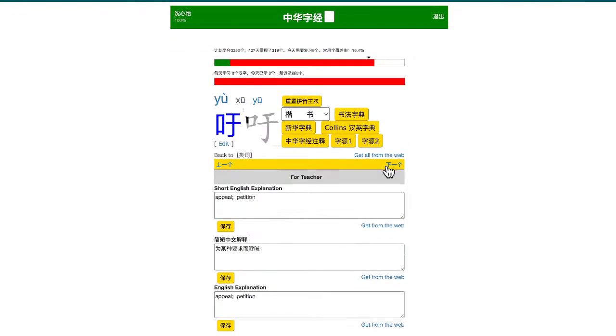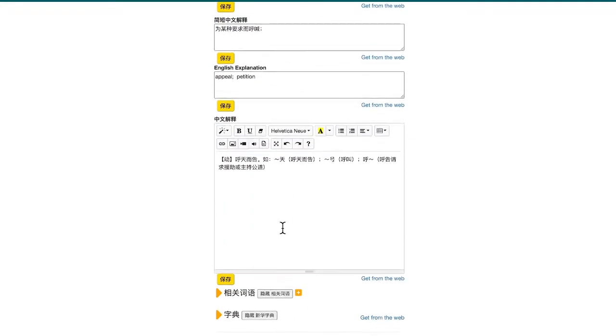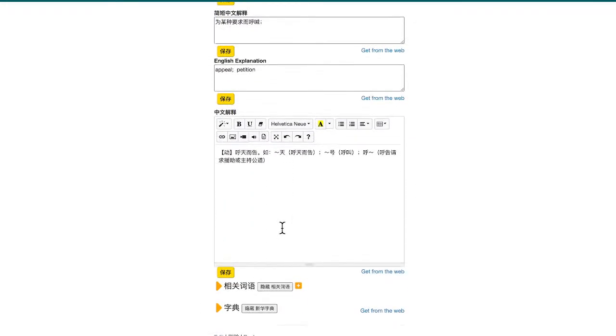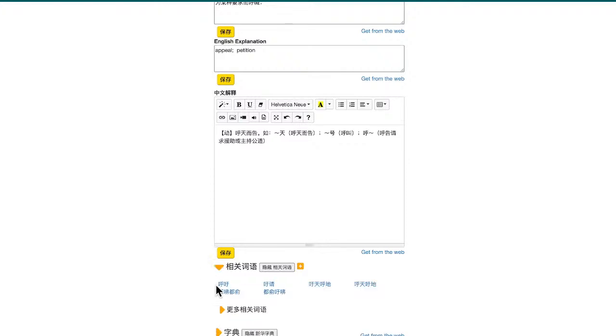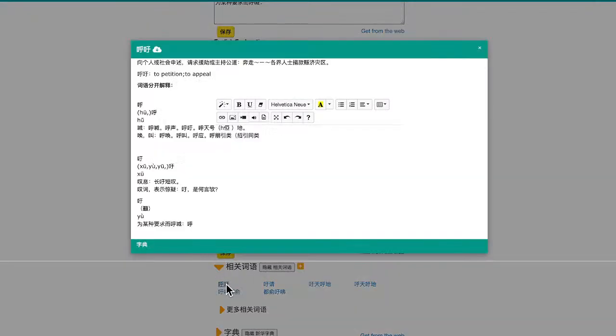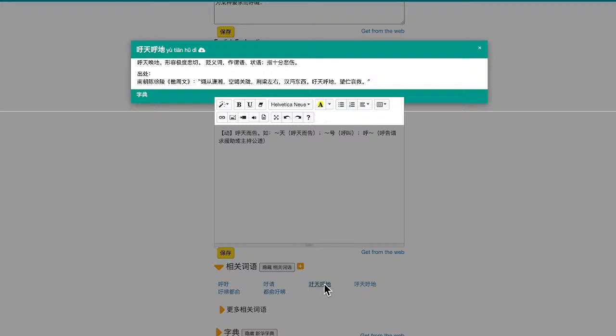Next one, another pronunciation is called yu. When you pronounce it yu, it means appeal or petition, like 呼吁. 呼吁 is a very common word, to petition or to appeal. 吁天呼地 means trying to appeal to the heavens and earth.